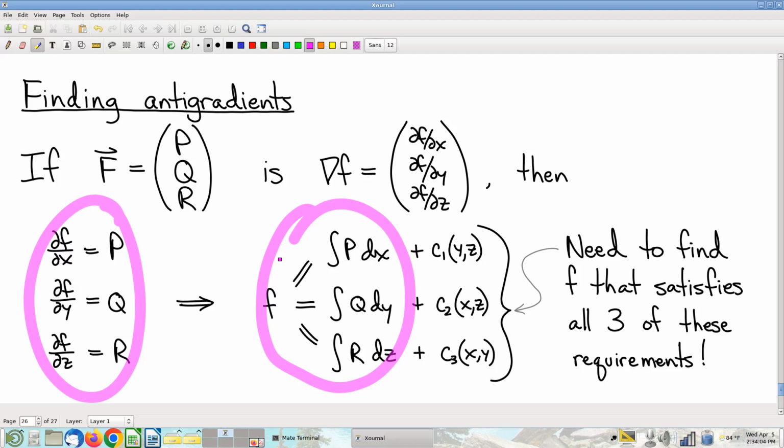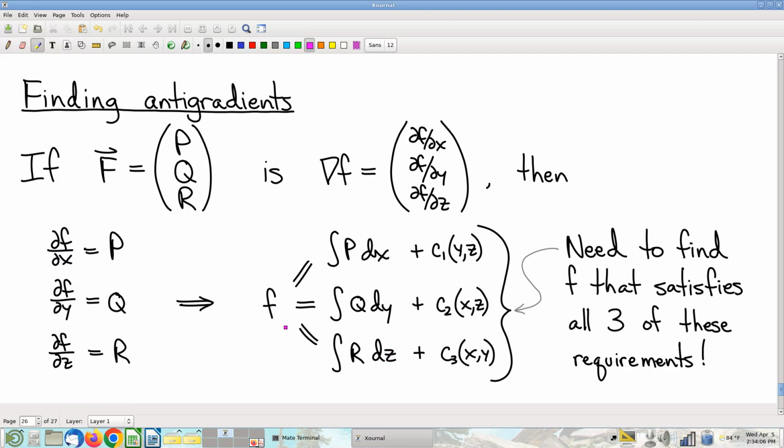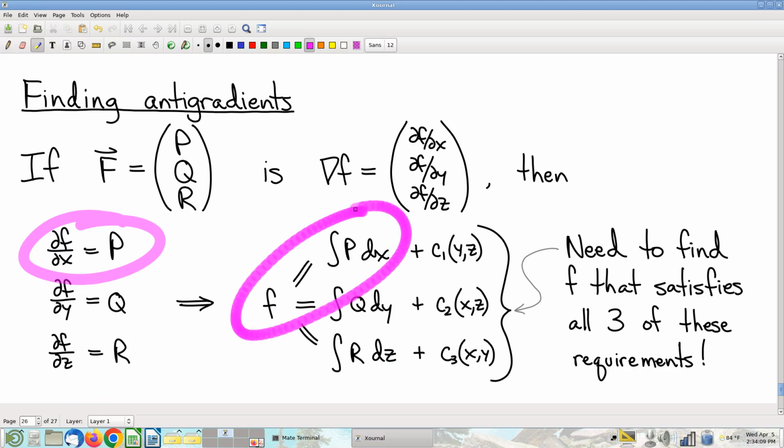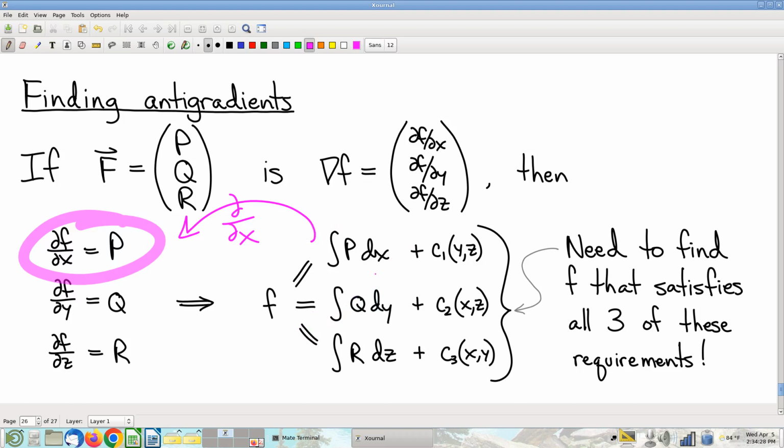There is a little sticky relationship there. Let me remind you, the reason that these equations here are connected is because if I take a partial derivative here with respect to x, well then this turns into that, and that's how I know these are connected. But here's the thing.